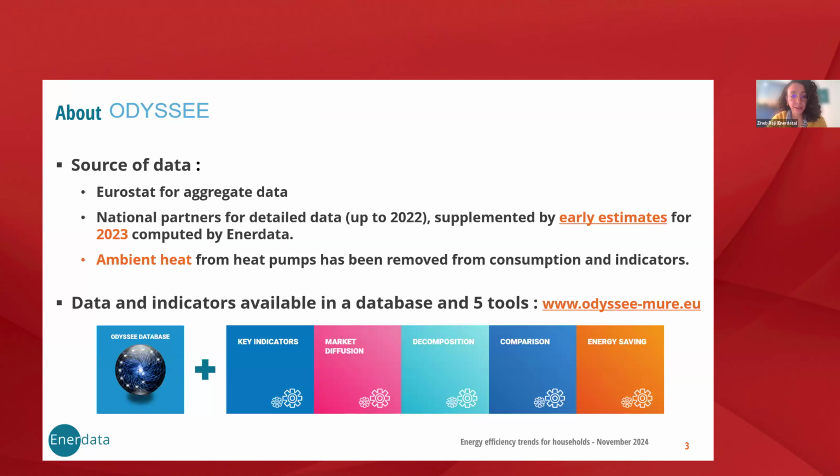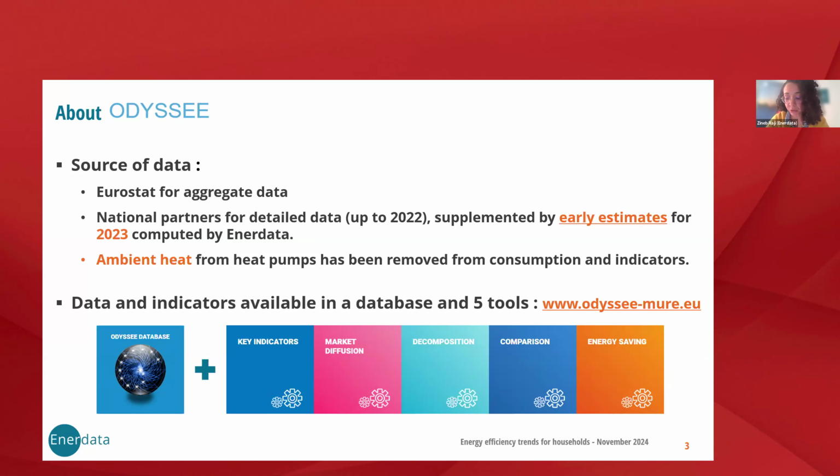This data and indicators are available on the website, on the link that you can see on the screen. So you can access the Odyssey database, as well as 5 different tools. The first tool is the key indicators tool, which gives a few indicators about energy consumption and efficiency at EU level and at EU member state level.